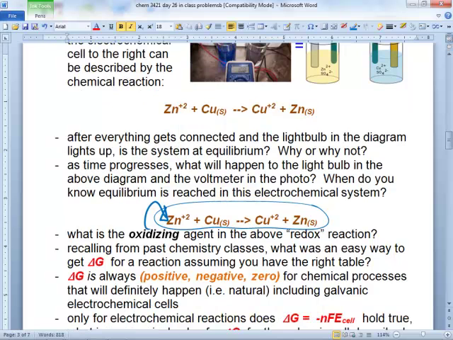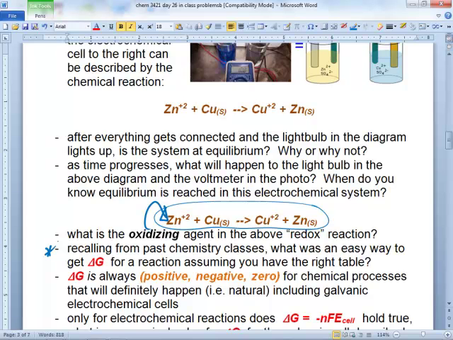Kimberly, recalling from past chemistry classes, assuming you had the tables, how did we get delta G for our reaction? I thought it was kind of easy. That's why it sticks in my head. What do we do to get delta G for a reaction? You had these tables. Anyone remember?